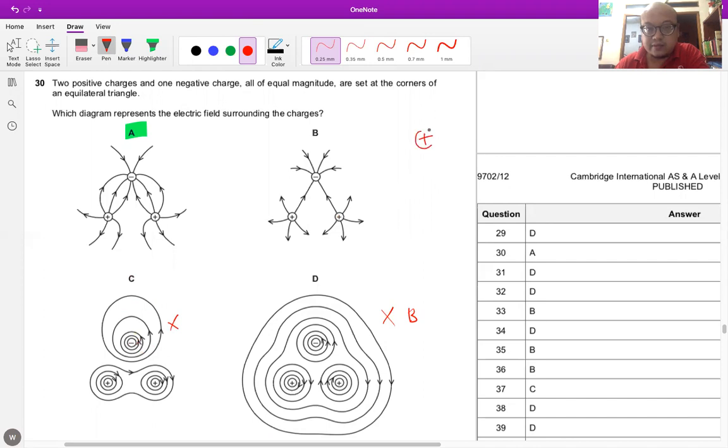When you still remember the plus one and the negative one, the positive one is where the electric field, sorry, is split out, and the negative one goes to the point. So between A and B, why is B not correct?